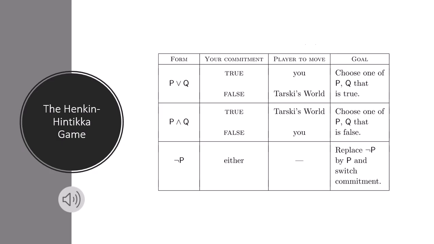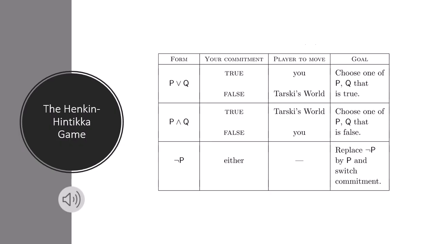Now, if you believe the sentence is true and you're dealing with something that was built in its last step using this disjunction symbol, then it's your turn to move, so you'll be the player. Your goal will be to pick the simpler sentence, either P or Q, that you think is actually true.